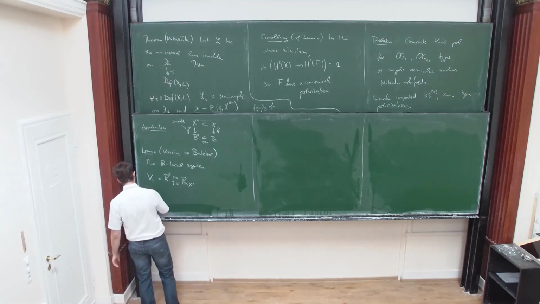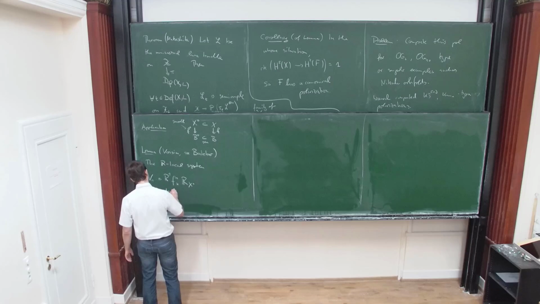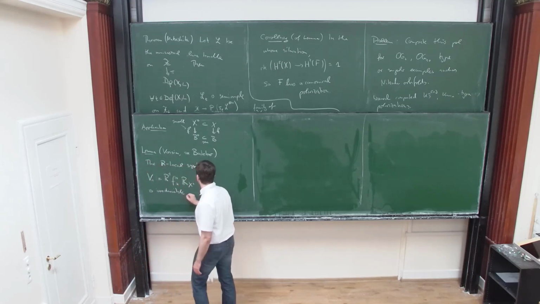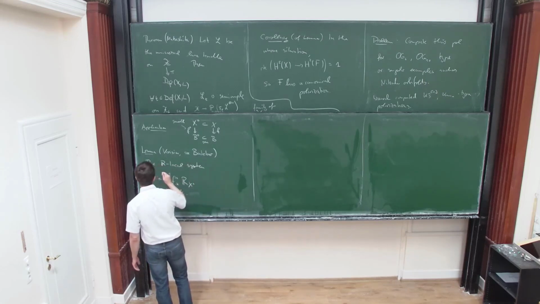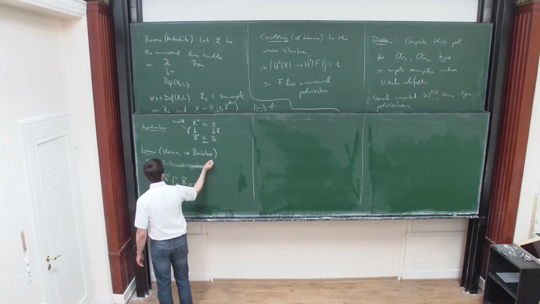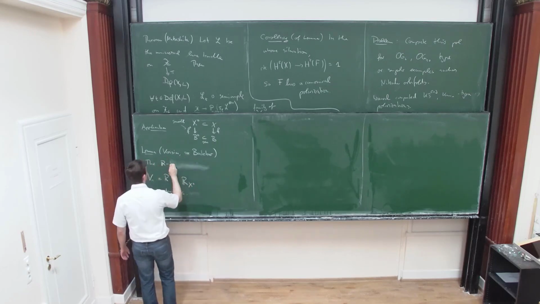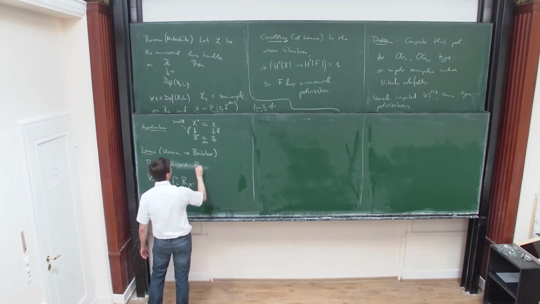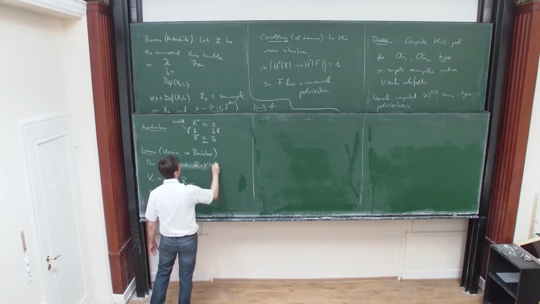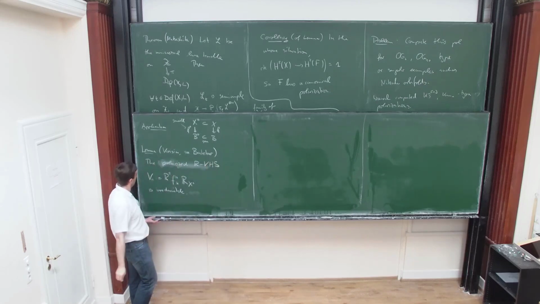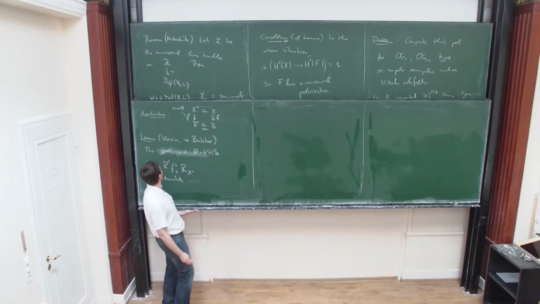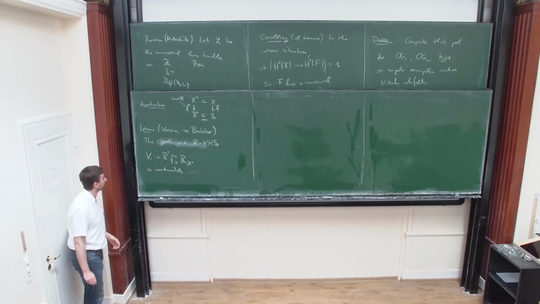The polarized R variation of Hodge structure V1, this thing here, is irreducible as a polarized R variation of Hodge structure.